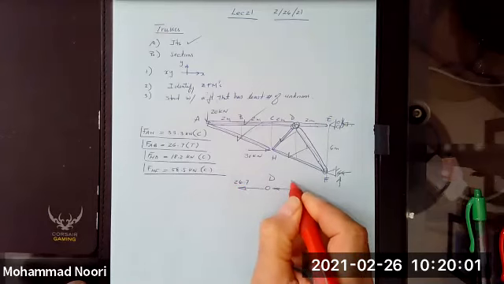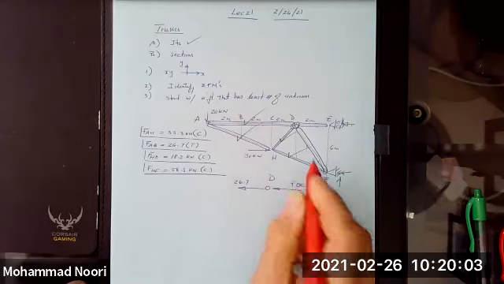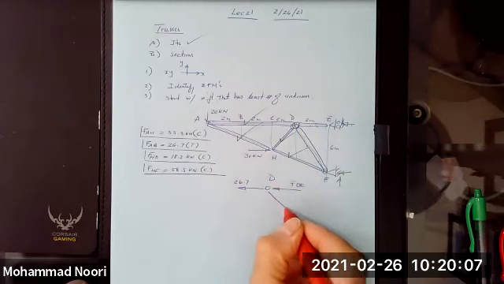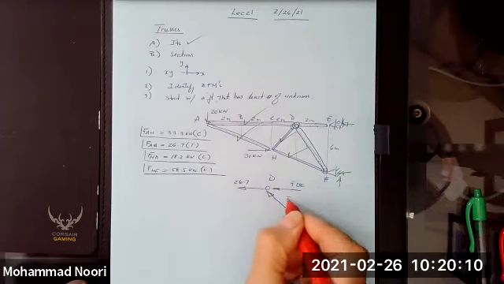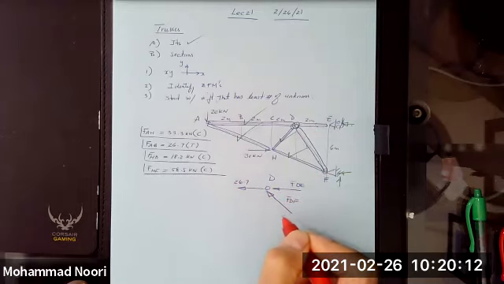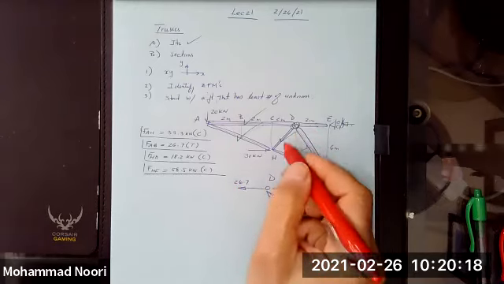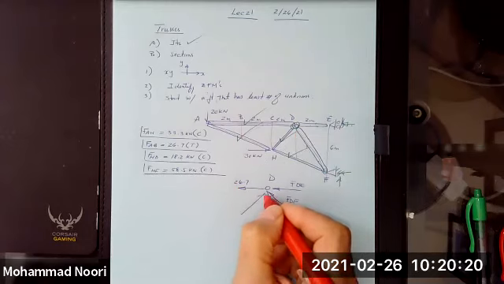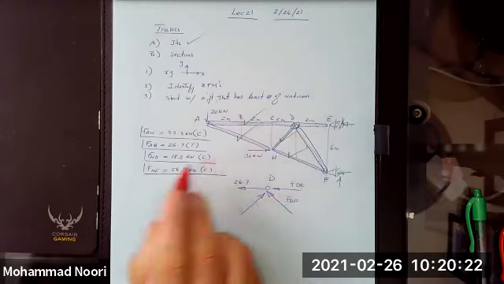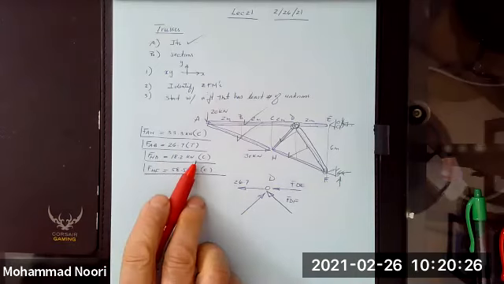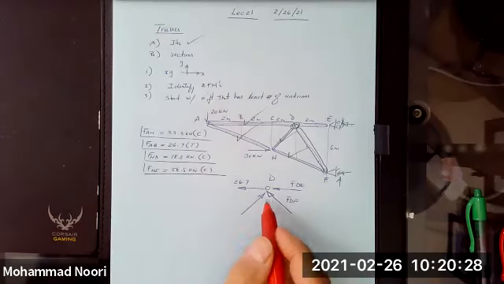Force in DE, which I'm trying to find, and the force in this member DF, which is unknown. I just assume it is in that direction. And then this force, which is force of DH, I had found, and DH was also compressive, so coming toward the joint.